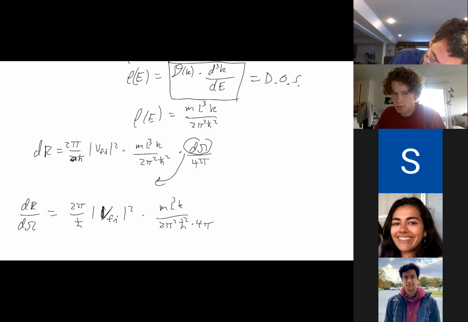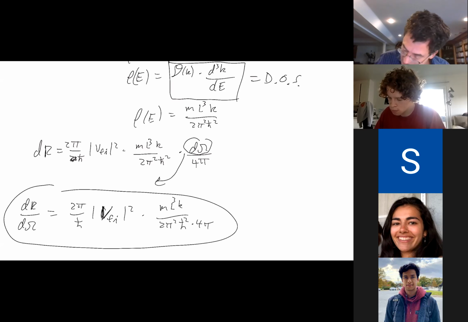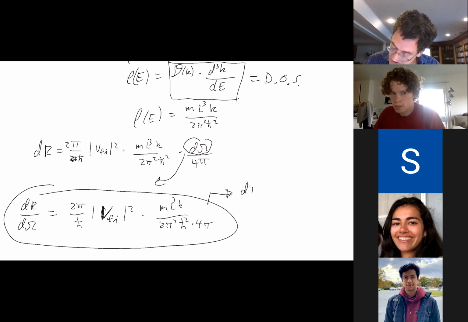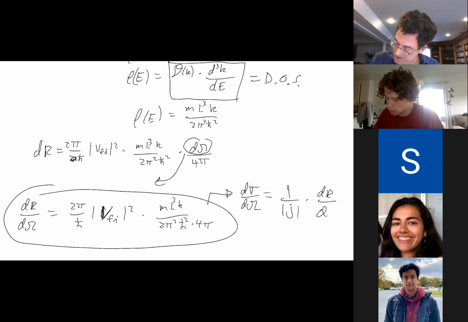So we can actually calculate this quantity, and then we plug that in, and it gives us d sigma d omega, because d sigma d omega was 1 over j times dr d omega.